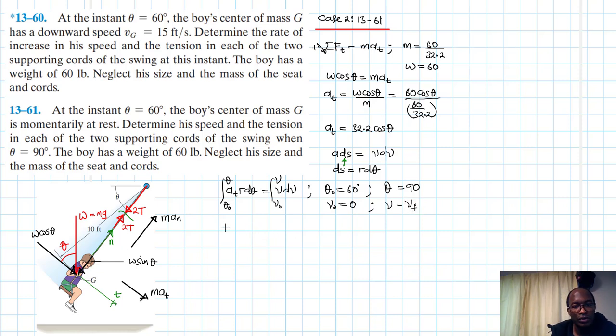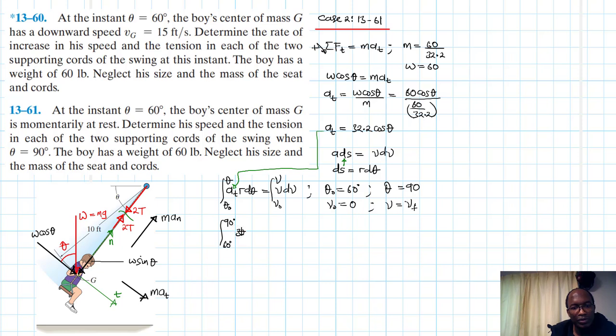So writing this and replacing our a_t in there, once we do so, we are going to have the following, integrating from 60 degrees to 90 degrees.